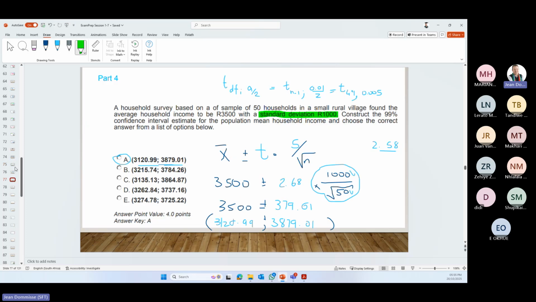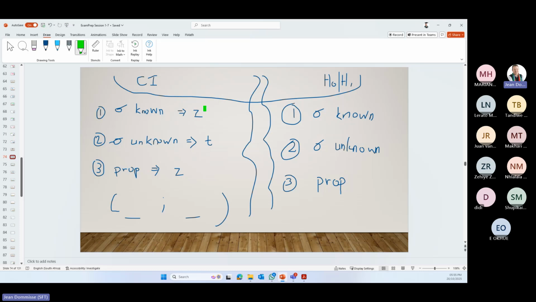And important, in the exam you will most likely get all three of them, or at least two of each of those study units. So don't get caught out, especially with the Z and the T.